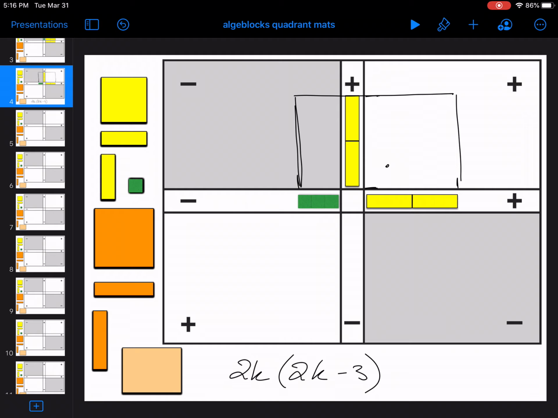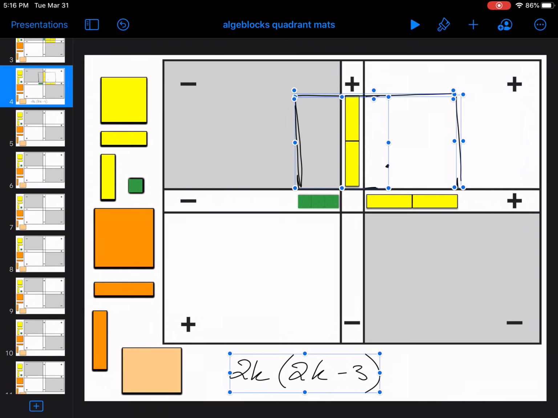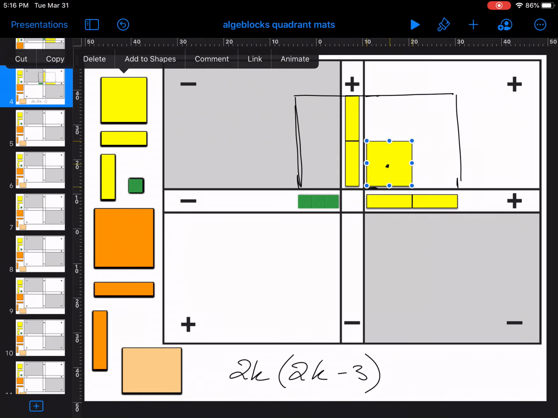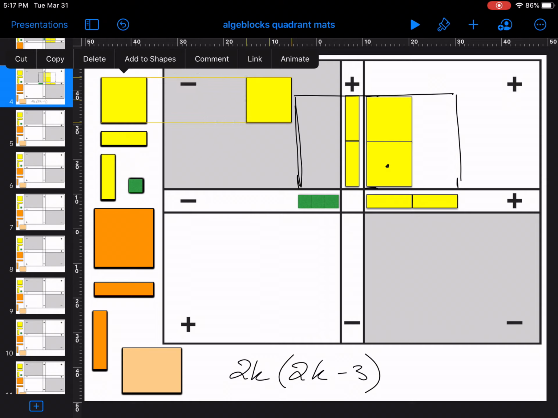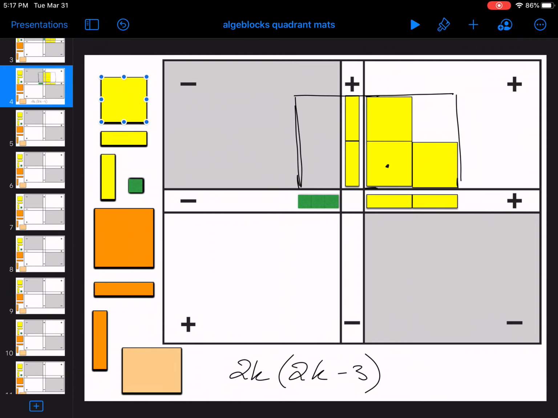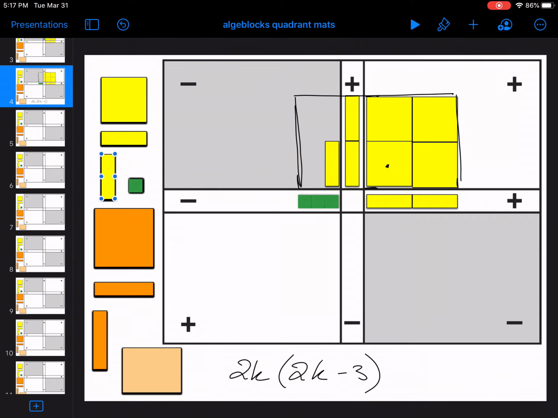Here we have a situation where we had k by k, and to fill that, I think it would make sense to put k squared in that space. That way all the pieces will line up very nicely. Now, what would go on the left? Well, on the left, we have k by 1s. So if we wanted to line everything up, we would need to use these rods.